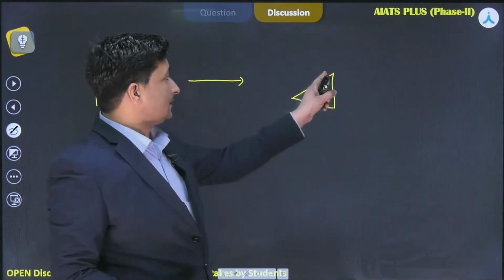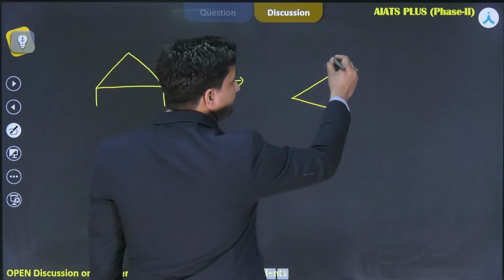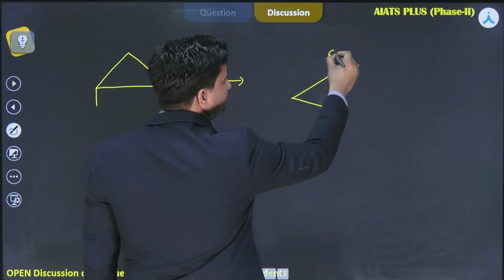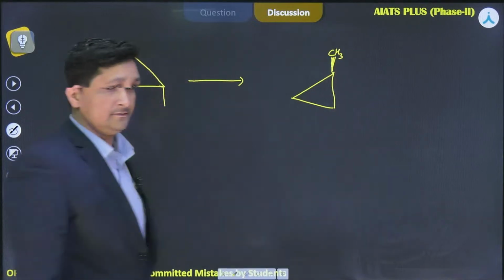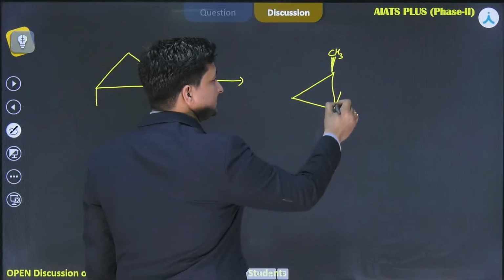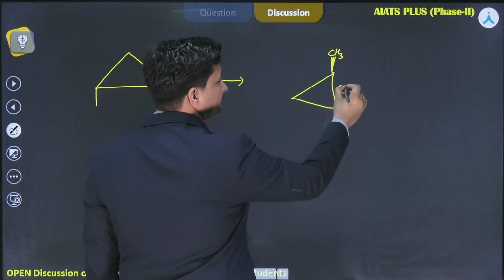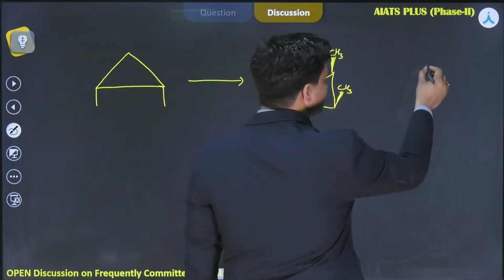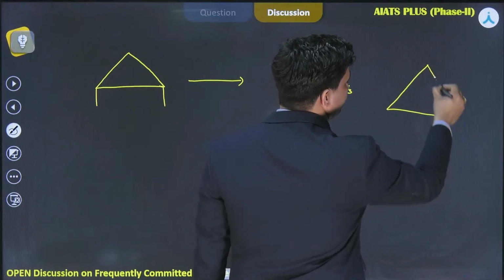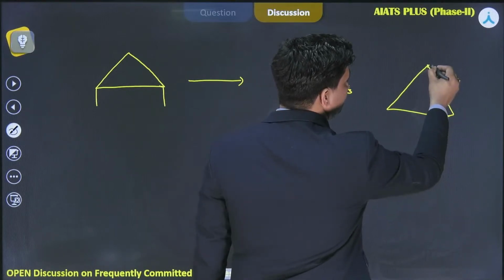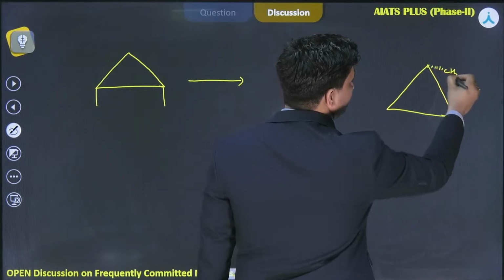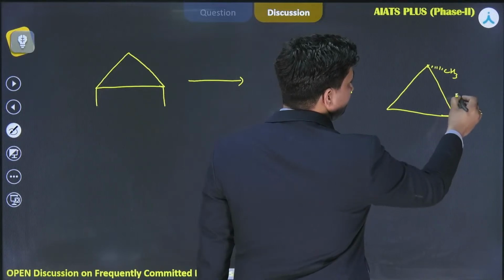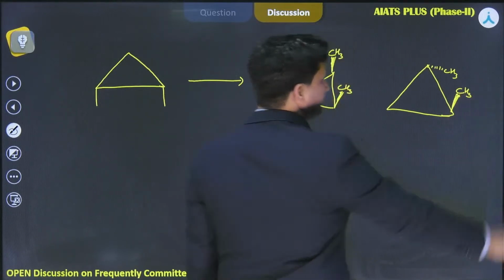From this carbon, if CH3 is above the plane, here also if CH3 is above the plane, and another type of structure that is possible is one below the plane and another above the plane.